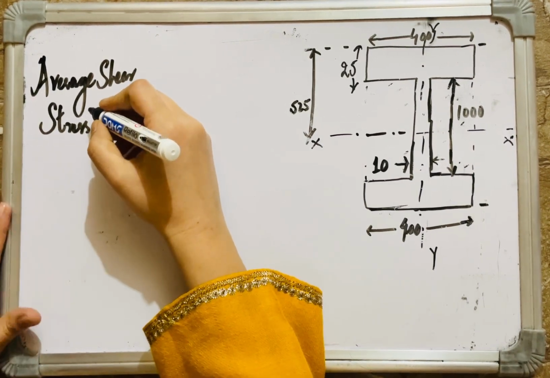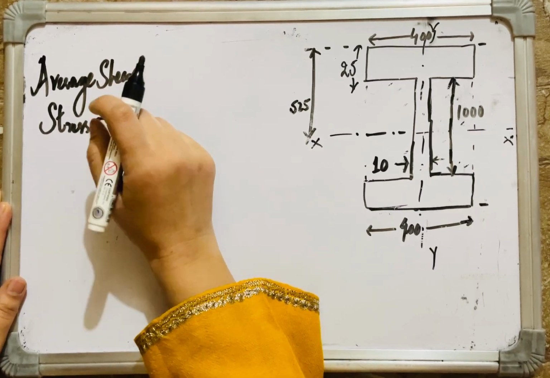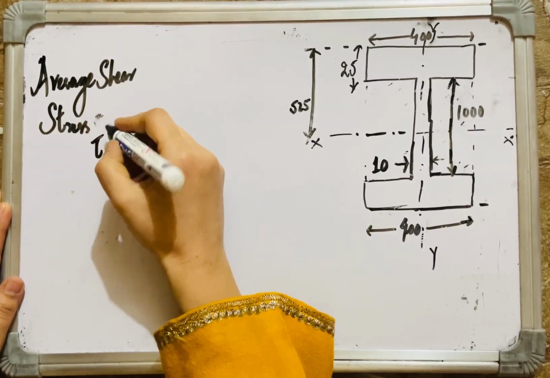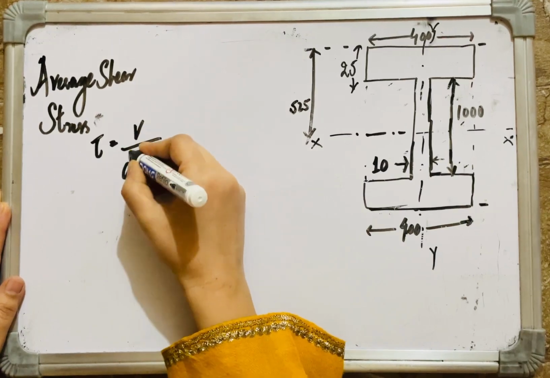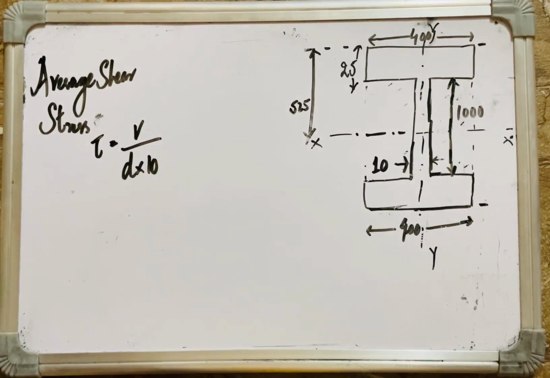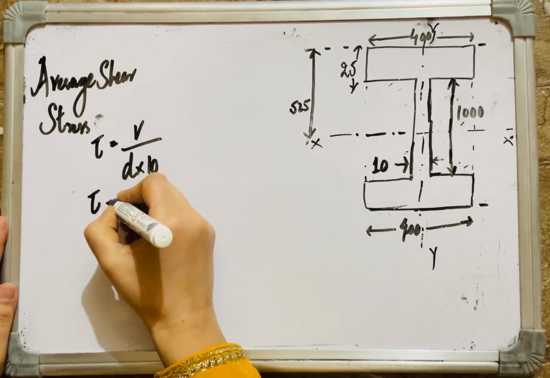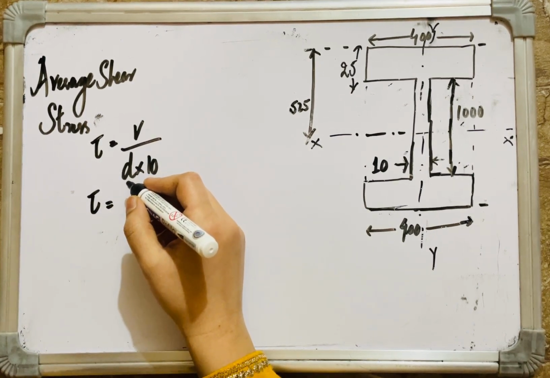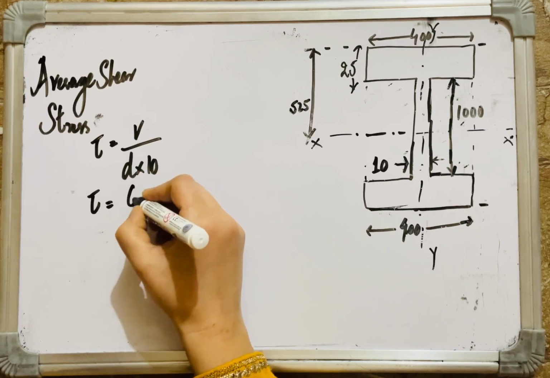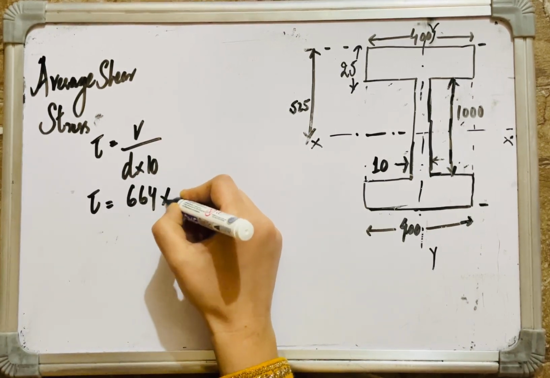Average shear stress is presented by tau, and it's given as V divided by D into t, where V is the shear force, D is the depth of the web, and t is the thickness of the web plate, which is 10. How much was my design shear force? It is 664 kilonewton.